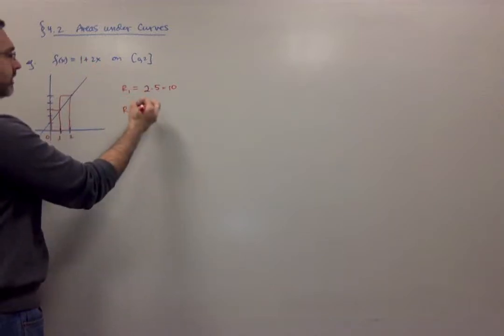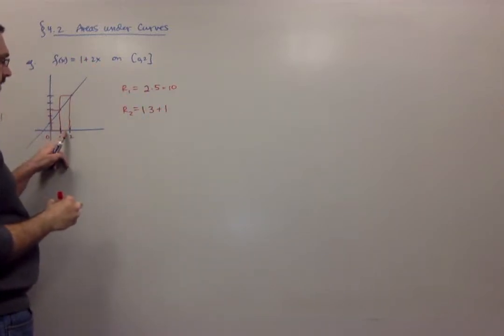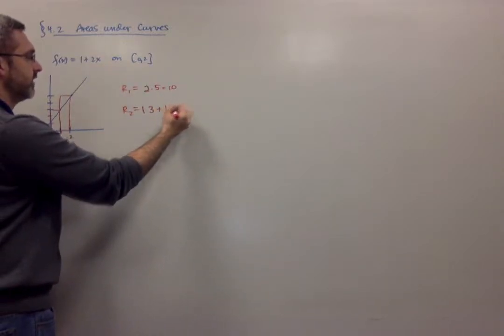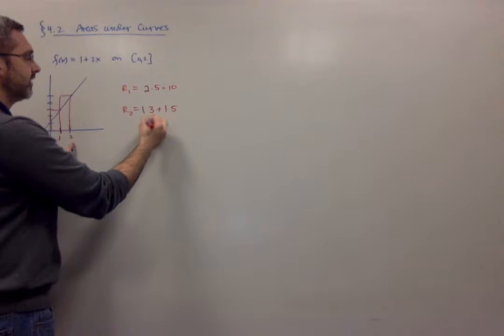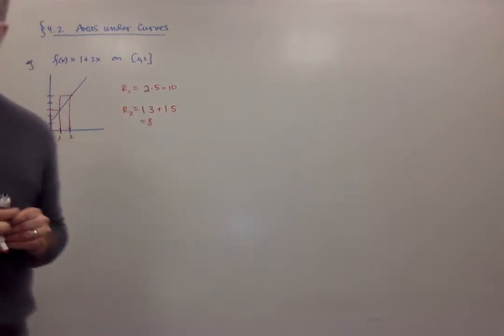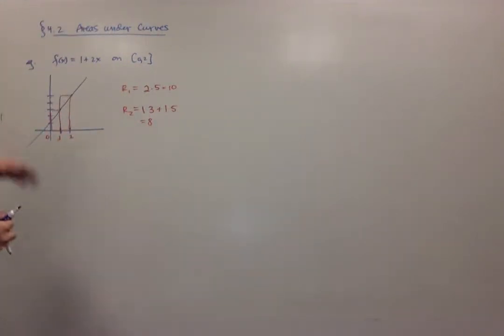When I plug in 1, I get 3. Second rectangle has width 1, and what I get when I plug 2 into the function is 5. So I would get 3 plus 5 is 8. That's a better approximation than the one I was using before. It's an upper approximation. It's going to be bigger, but it's a better approximation.